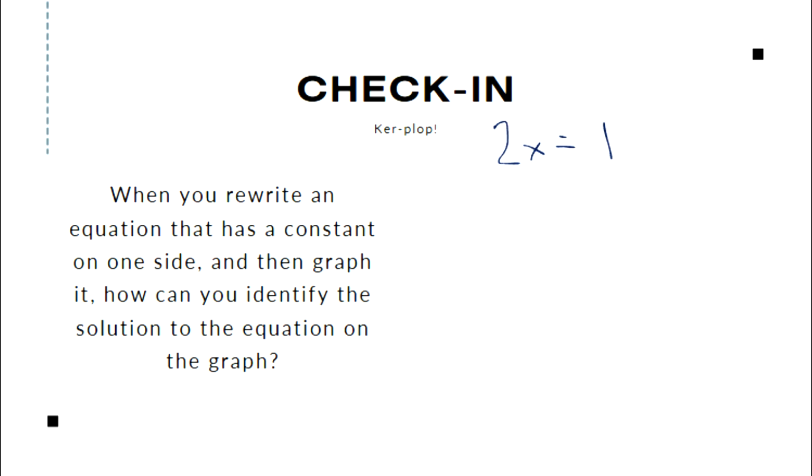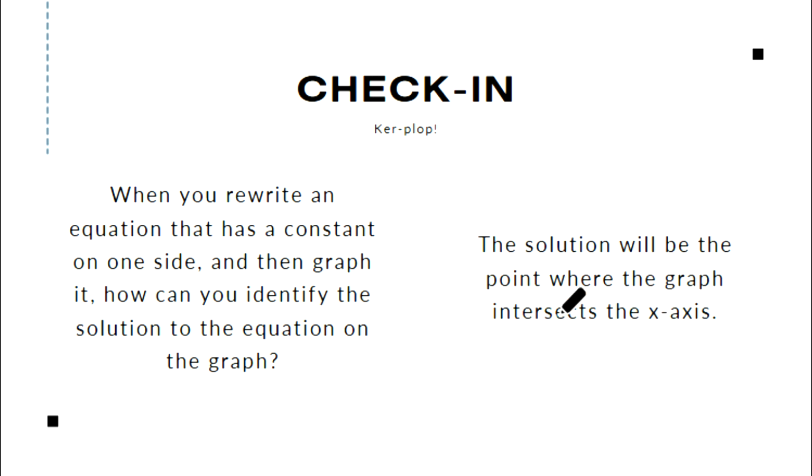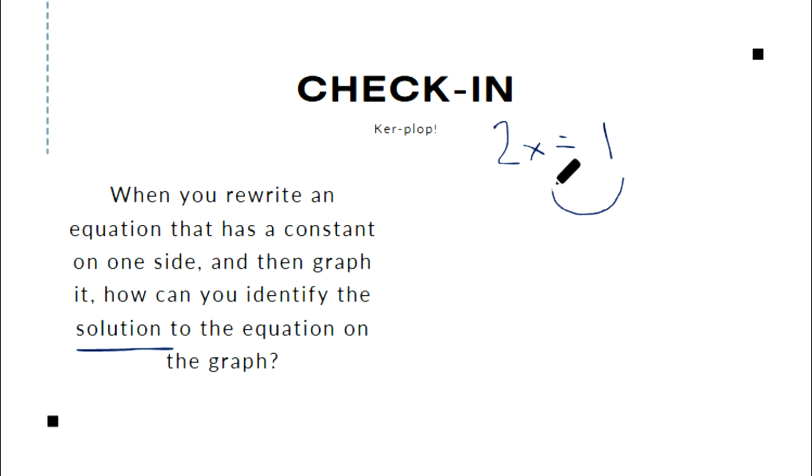How can you identify the solution to the equation on the graph? So again, in this case, the solution is where it crosses the x-axis. Okay? So how can we find that? The solution will be the point where the graph intersects the x-axis. So the first thing you need to do is move this over and then figure out where it crosses the x-axis. Okay?